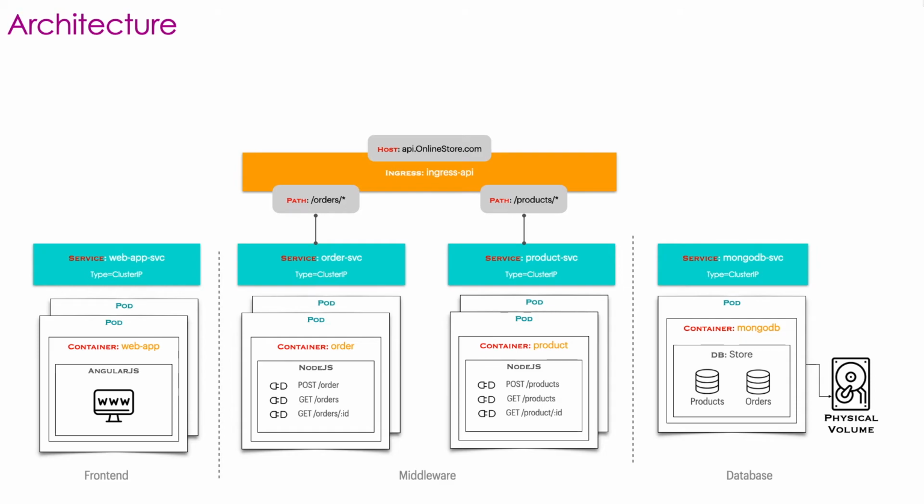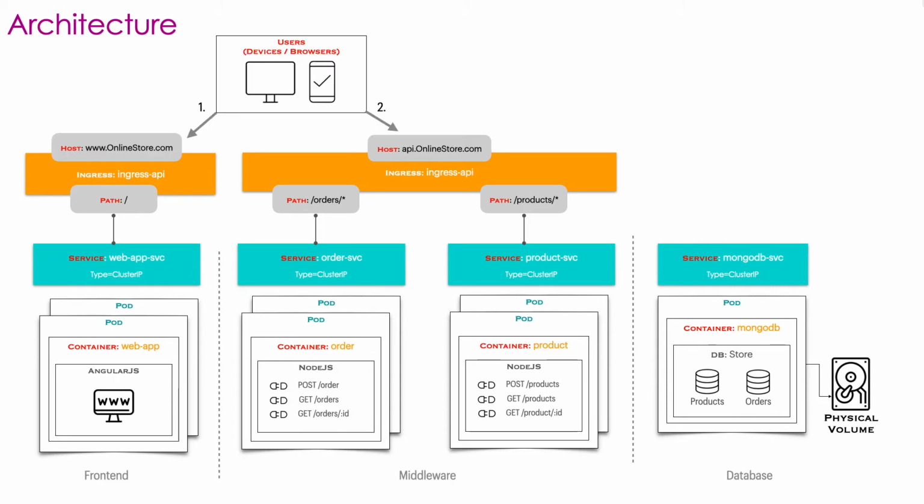Now, similar to the ingress setup for the APIs, we also have a separate ingress for the front end. This ingress refers to the web services app through the root path. So now anybody who enters www.onlinestore.com in the browser accesses the web application.